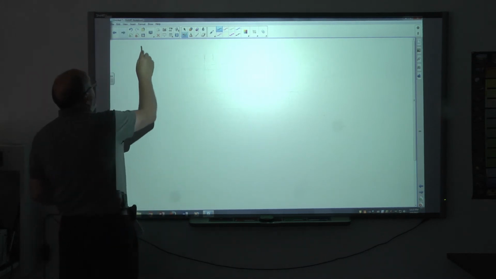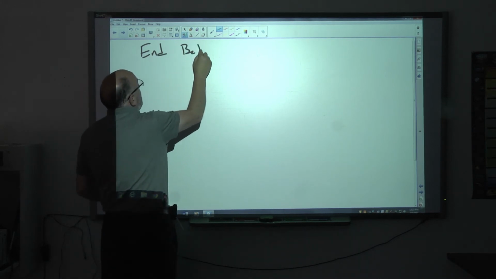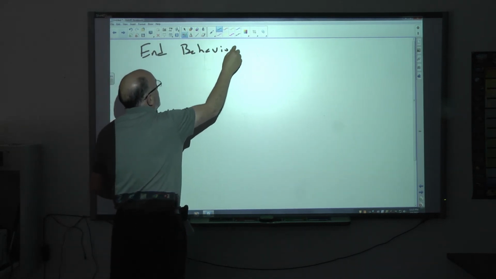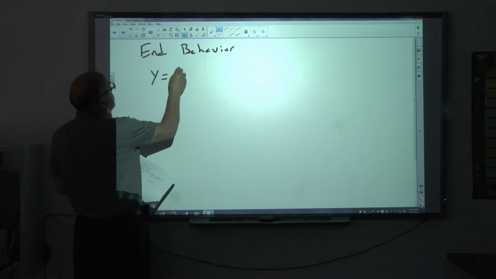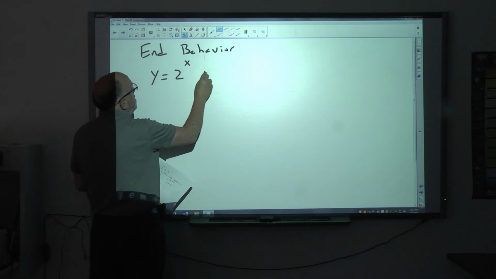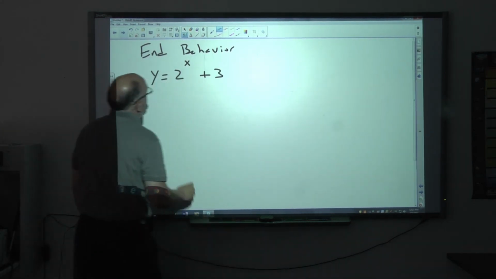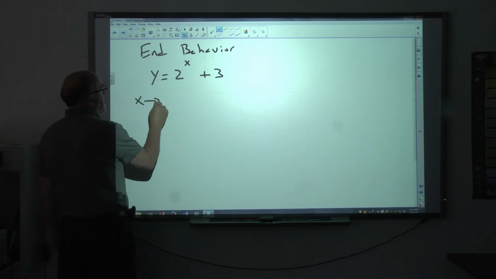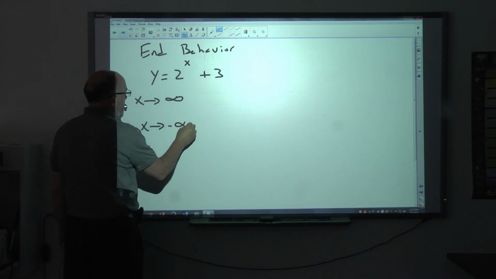And lastly, we then, like we did earlier, look in terms of end behavior of our equation. For example, we have y equals 2 to the x plus 3, and I want to know what's the end behavior, as x goes to infinity and as x goes to negative infinity.